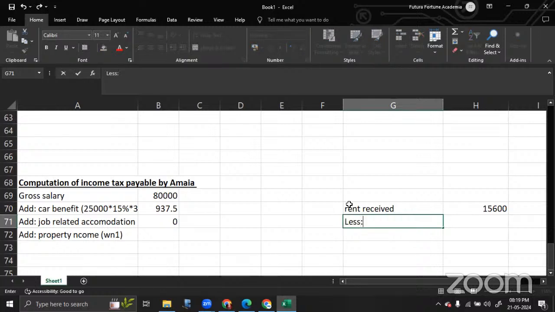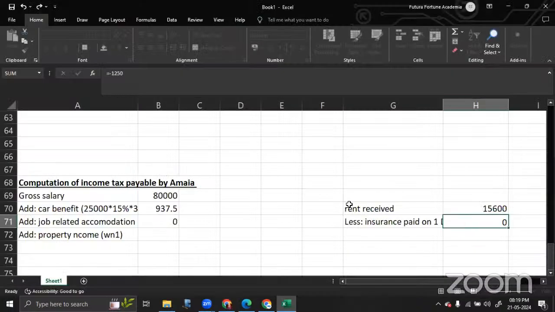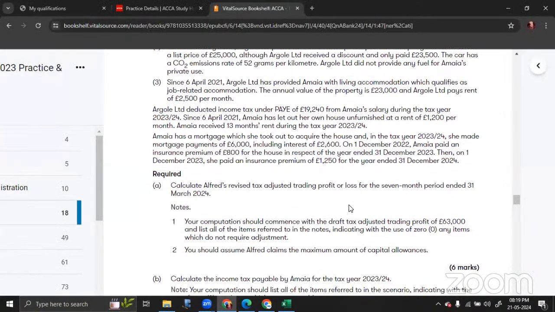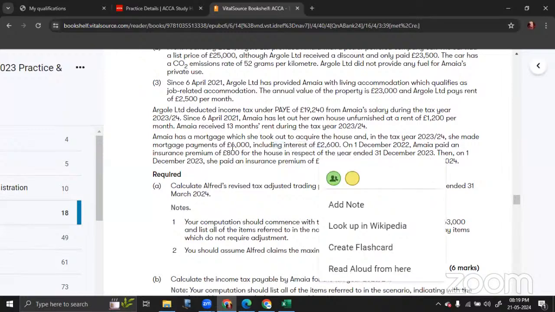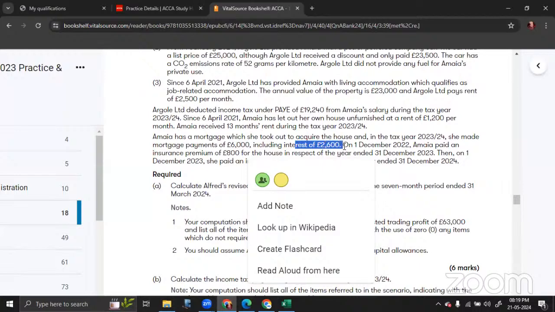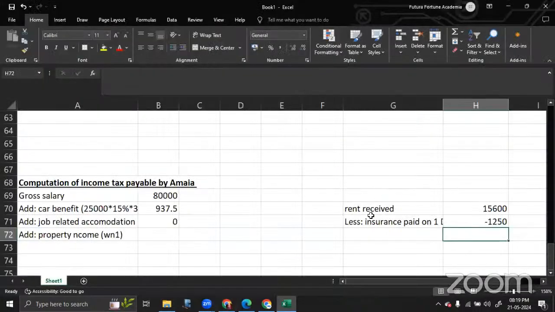From that, you have to deduct insurance paid on 1st December 2023, which was 1,250. The mortgage interest and the mortgage payment is non-deductible. The mortgage interest 20% can be deducted from the income tax liability computation.